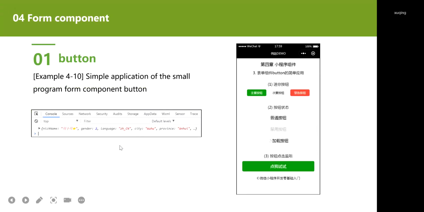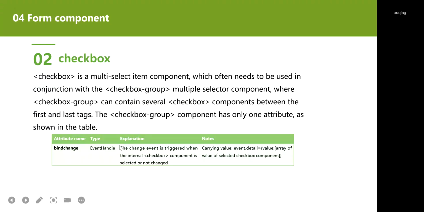Laoshi, after button, we'll introduce another component, checkbox. Checkbox is a multi-select item component, and it needs to be used in conjunction with the checkbox-group multiple selector component, where checkbox-group can contain several checkbox components between the first and last tags.